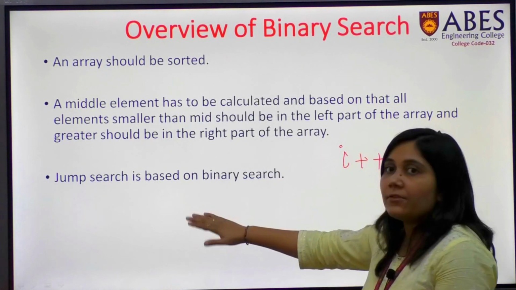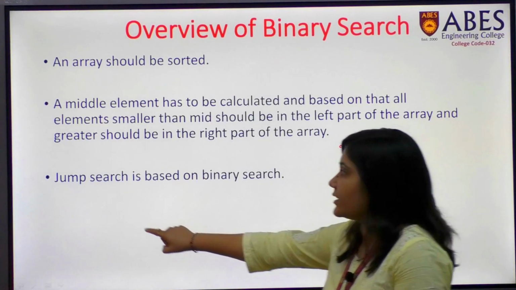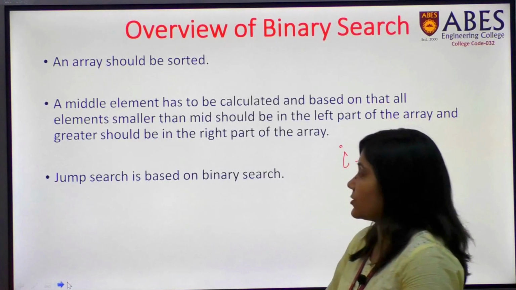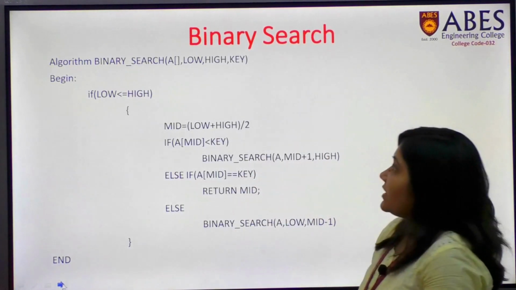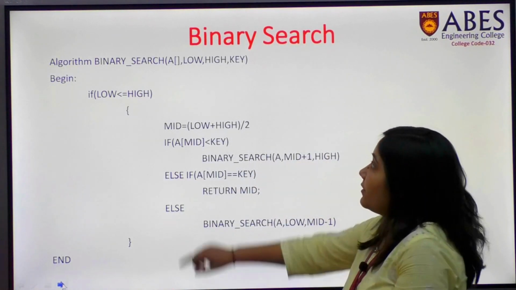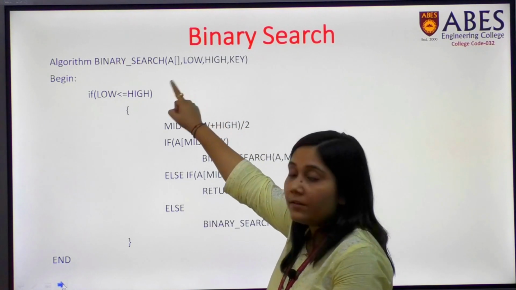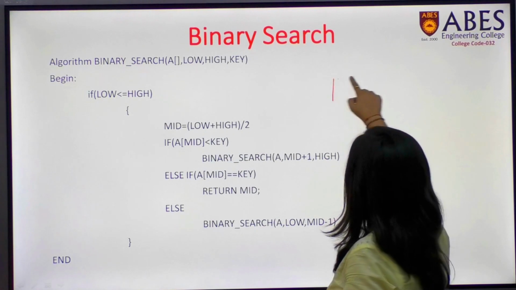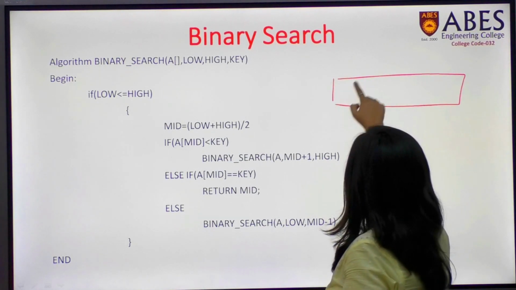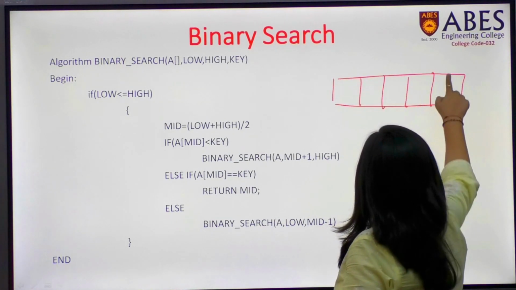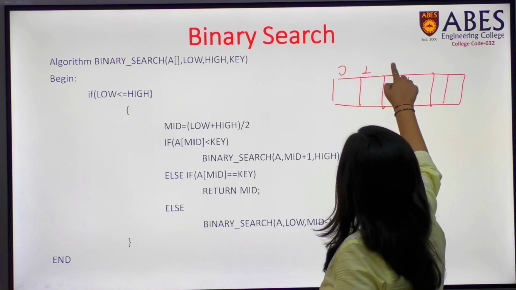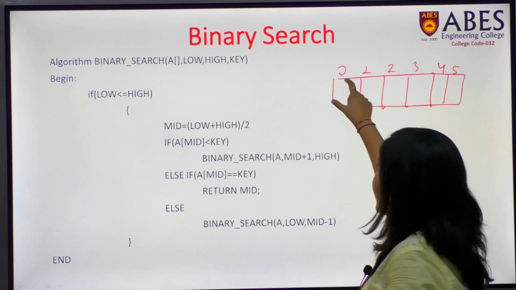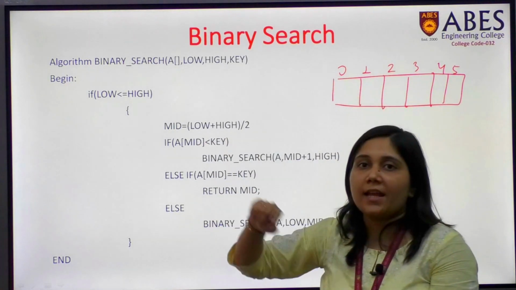As I have told you earlier, jump search is a variation of binary search. So this is an algorithm of binary search. I have taken an array A, and suppose I have taken an array like this: 0, 1, 2, as we all know an array starts with an index value of 0, and it will go up to n minus 1.